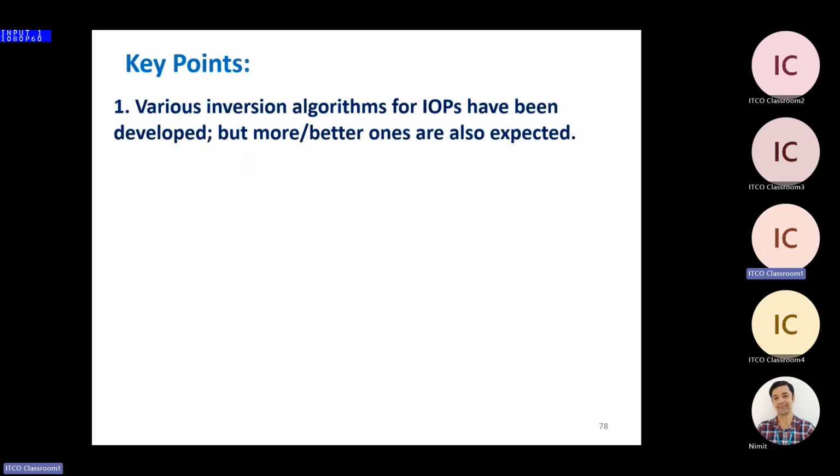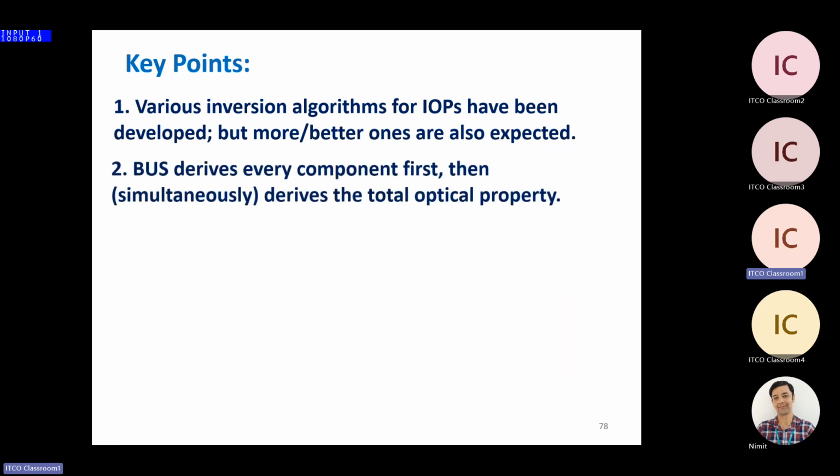So to summarize, many algorithms for IOPs have been developed, but certainly we're expecting more and better ones. It's an ongoing process. As I said, the bottom-up strategy is trying to get every component first, and at the same time get a total.